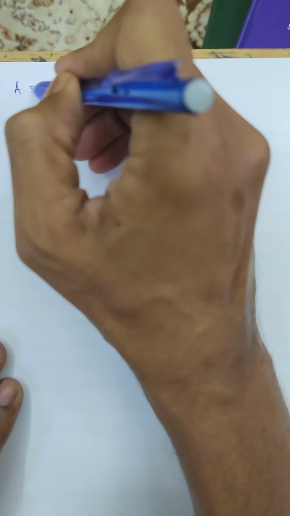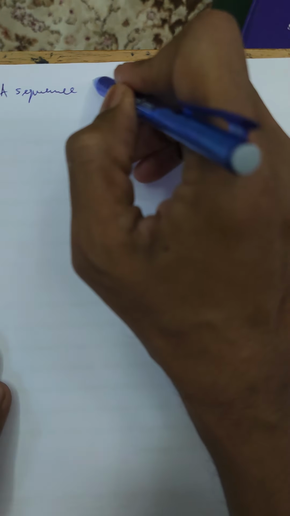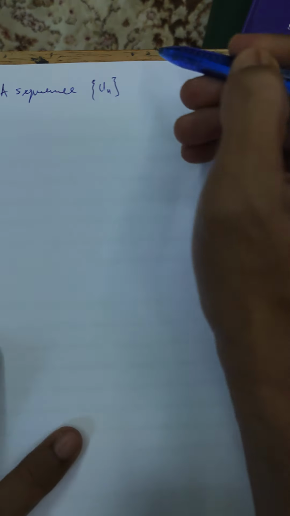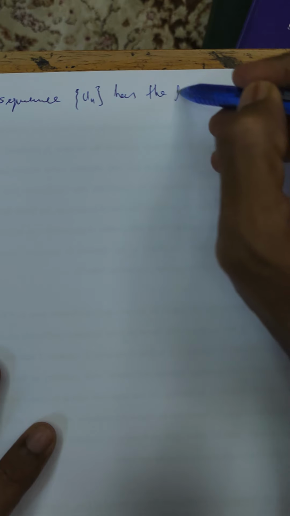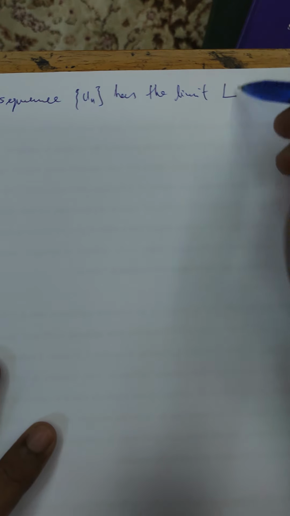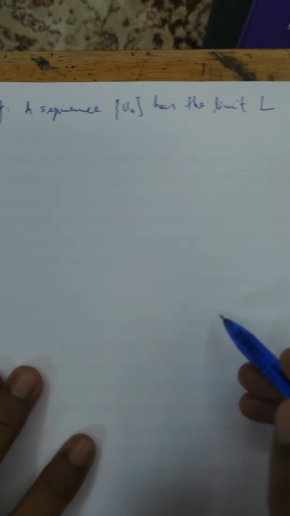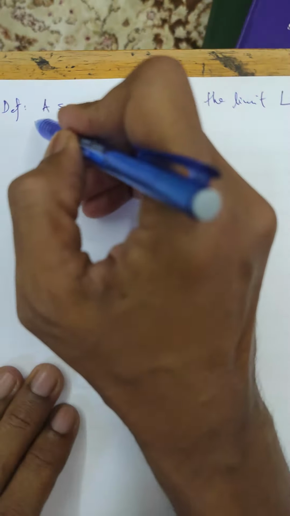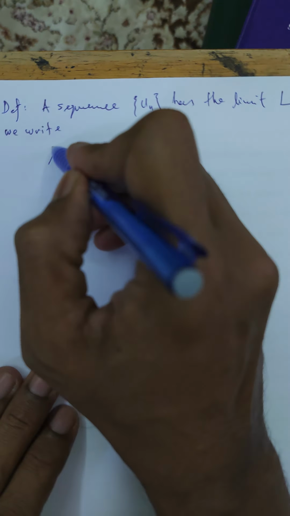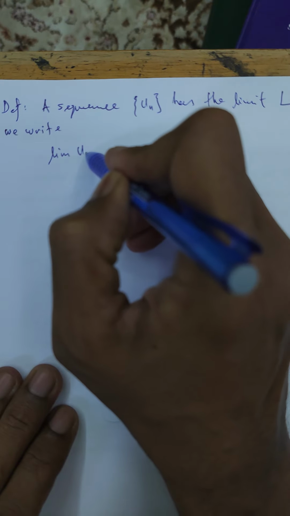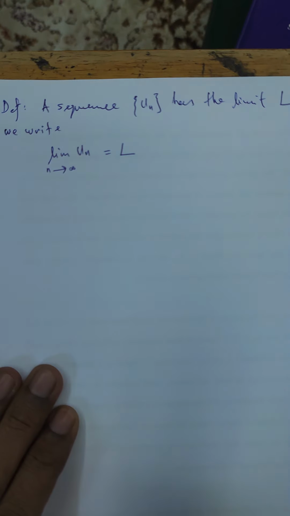A sequence un has the limit L, and we write it as the limit of un as n goes to infinity, this equals L.